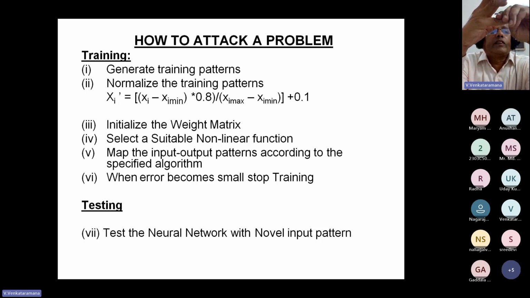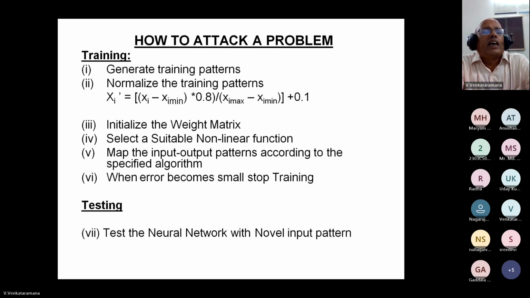The network may not train. Therefore, we normalize the data. There are several formulas; we use this type of formula. Our entire data will come in the range of 0.1 to 0.9, and you can change the limits, for example to 0.2.